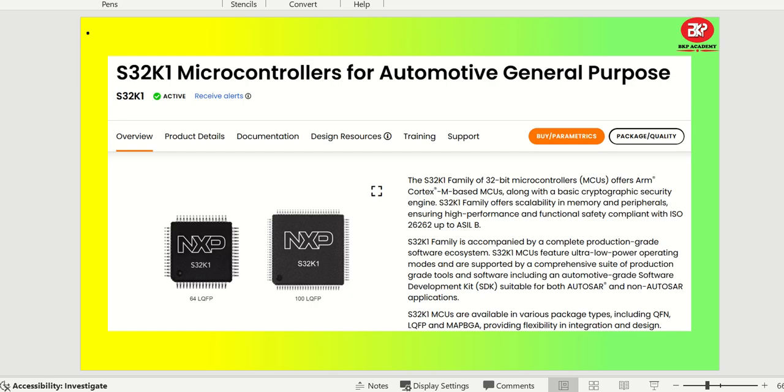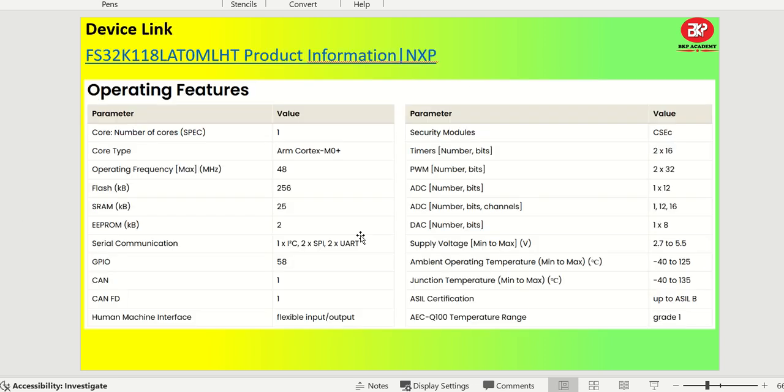Once you go to the home page of this particular microcontroller on the NXP website, which I will be giving you in the description box, you will see S32K1 microcontrollers for automotive general purpose. You can see a brief idea about the operating features and availability of this microcontroller.